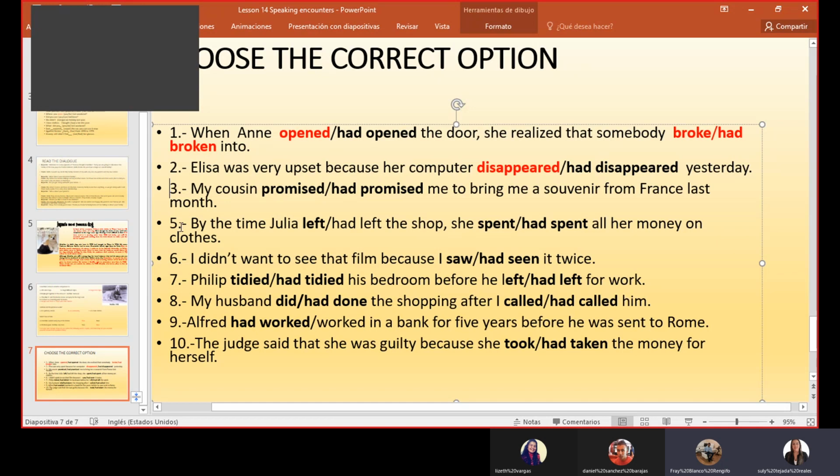Angie, number 3. Oh my God, teacher. Okay, my cousin promised slash had promised me to bring me a souvenir from France last month. What is the correct? Promised.